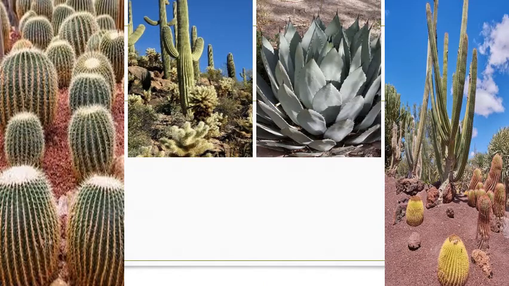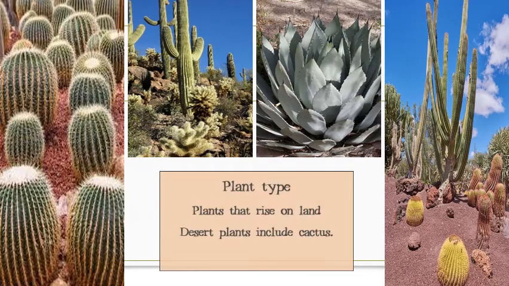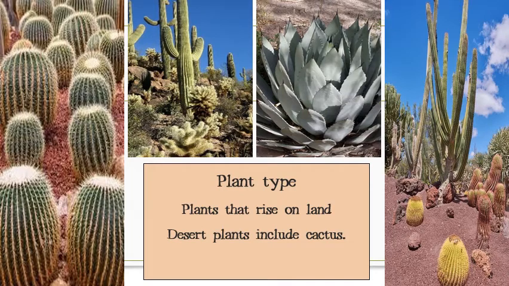And we have also another type of plants that still grow on the land, but they grow in the desert that is full of sand. This plant is called desert plants, that includes cactus.